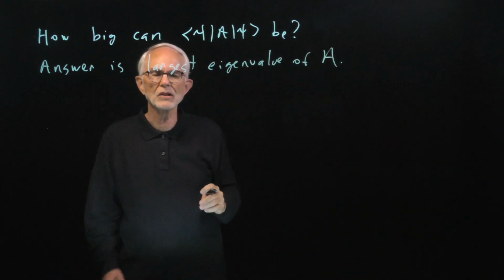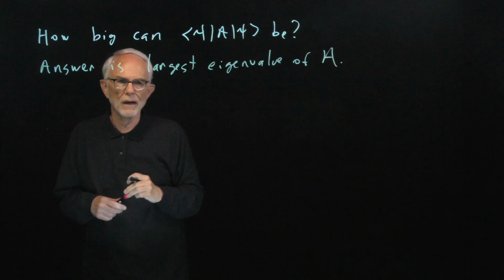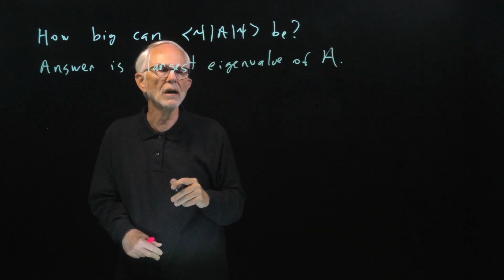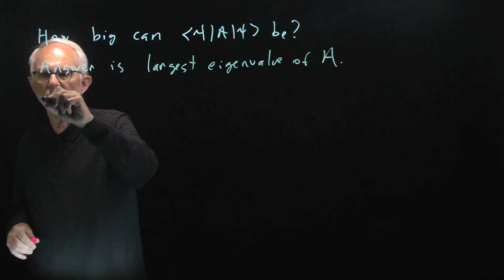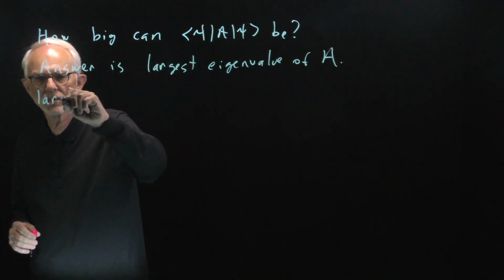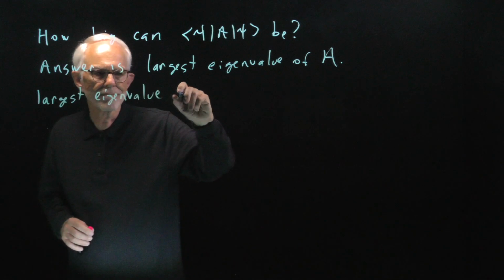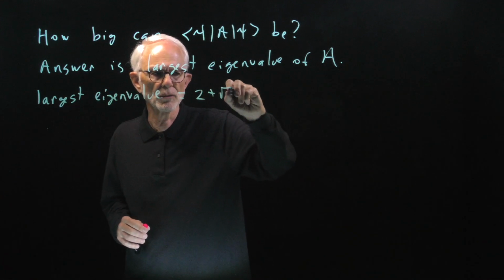So what is that? Well, I'll spare you the calculation. It's not bad; we're talking about a four-dimensional system here. It turns out that the largest eigenvalue is equal to 2 plus square root of 2.